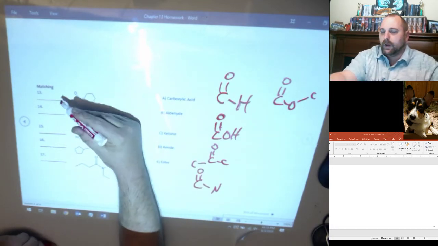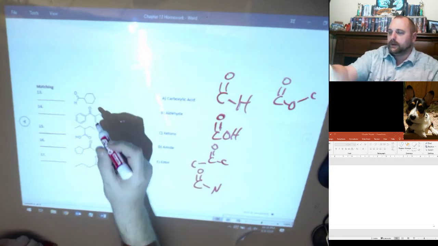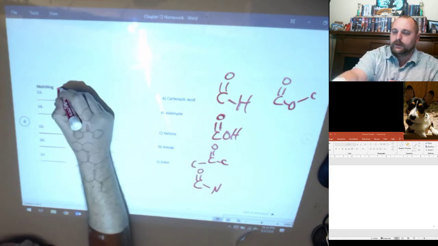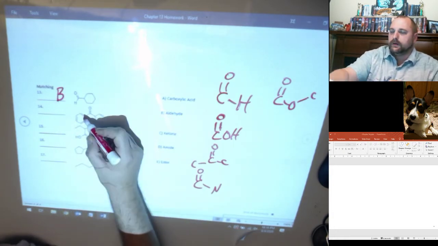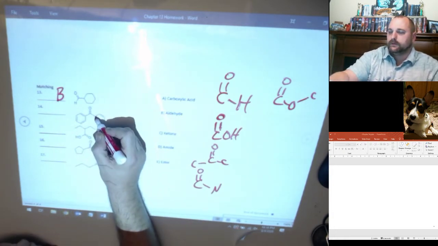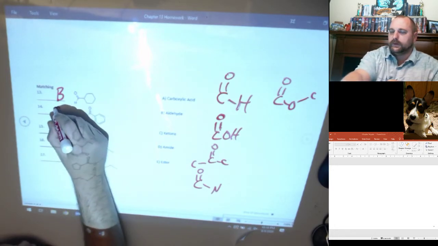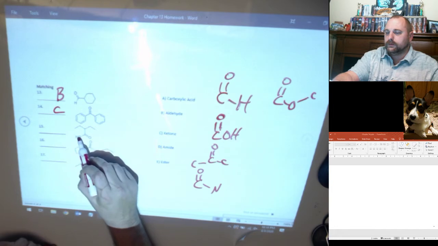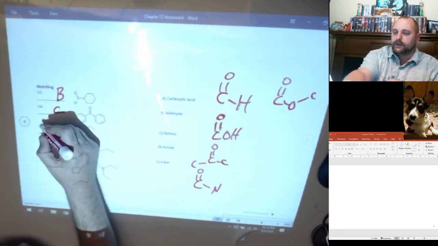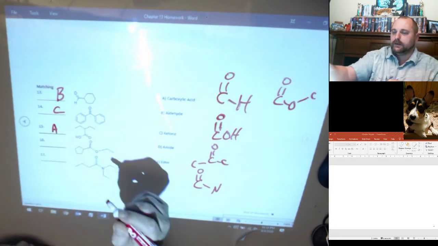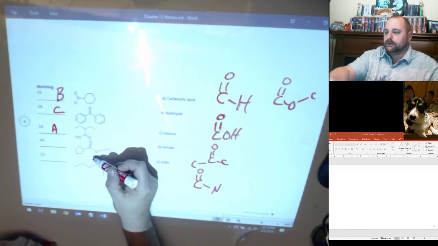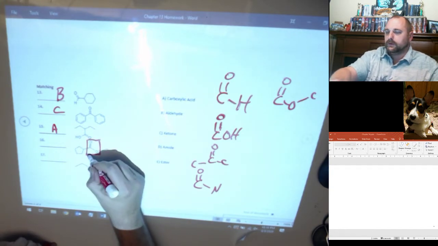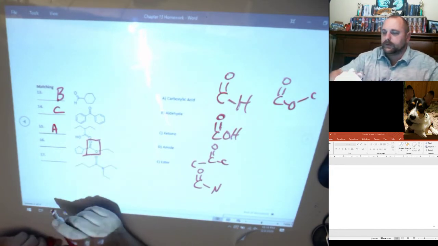Okay, so 13. It's got an H on it. That's an aldehyde. That's easy. That's B. This says carbon ketone. That's a ketone. C. This one, I've got a carbonyl. I've got OH. That's my carboxylic acid. This one, here's my functional group, and that is an ester.